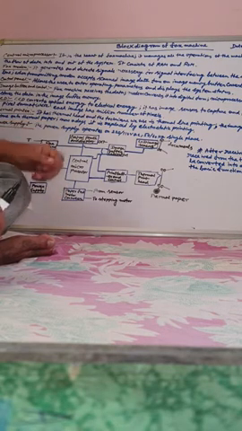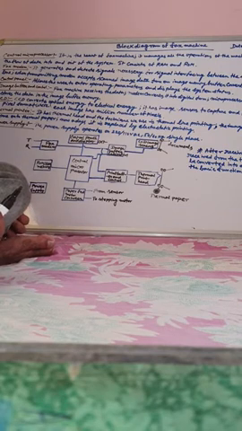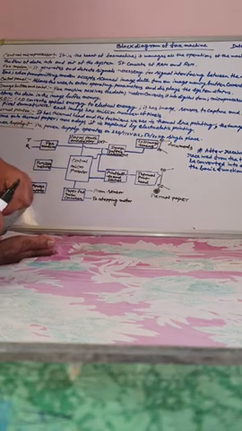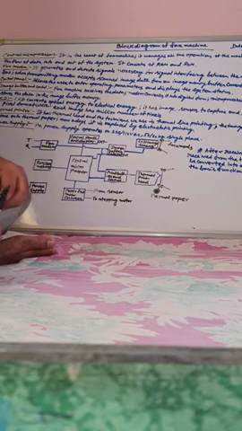That means photons will be incident on each pixel of the CCD. Those photons will generate electrons, and a potential well will automatically be generated in the CCD, because we are applying positive potential at the electrode.